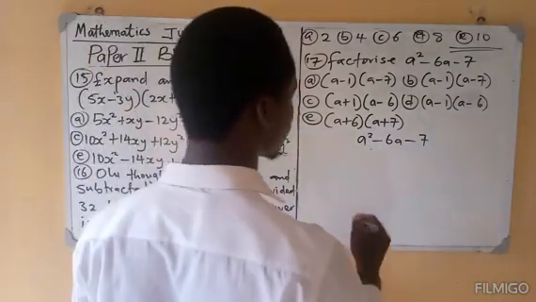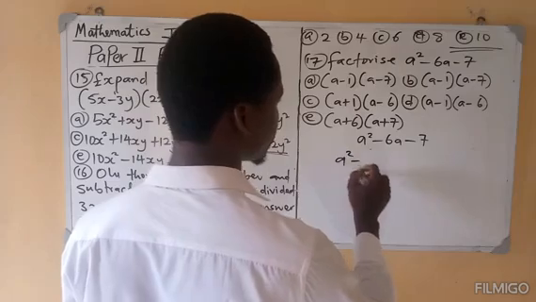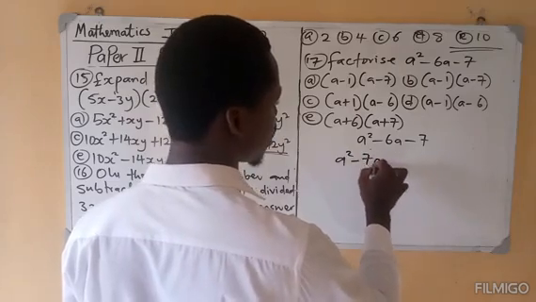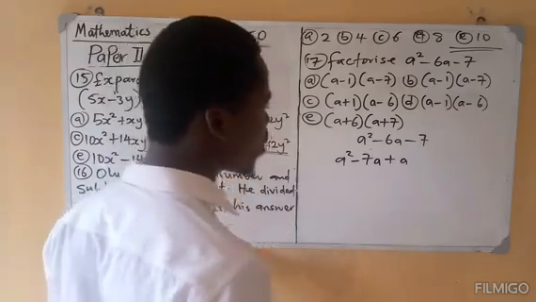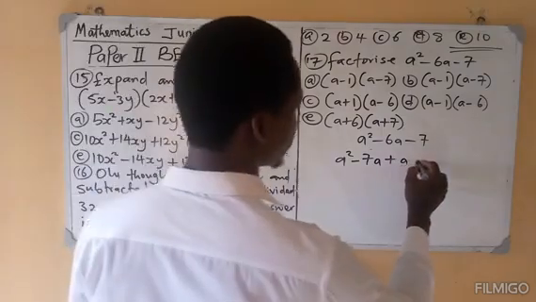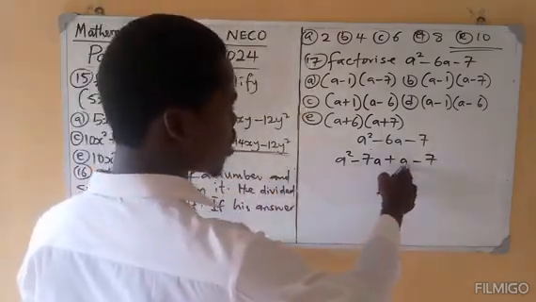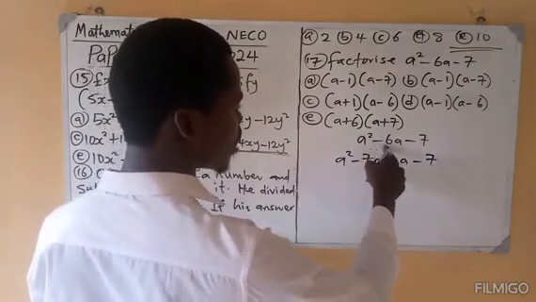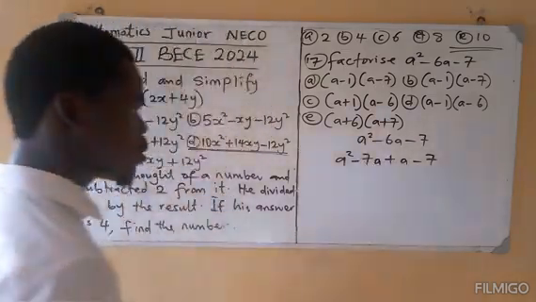The factor will be a squared minus 7a plus a, minus 7. So minus 7a plus a, when you add them up, you get minus 6a. When you multiply them, you get minus 7a squared, which is correct.